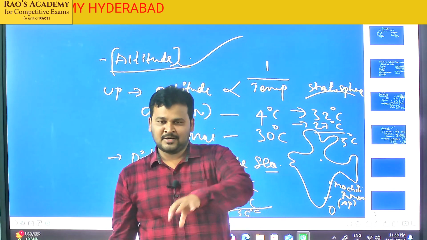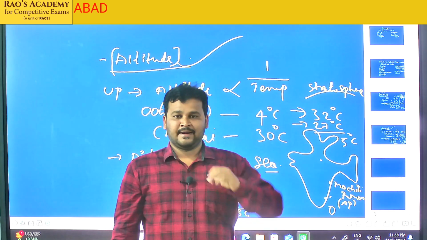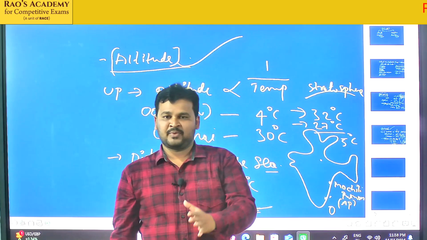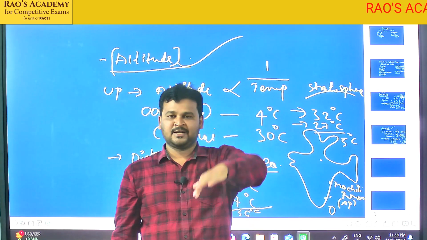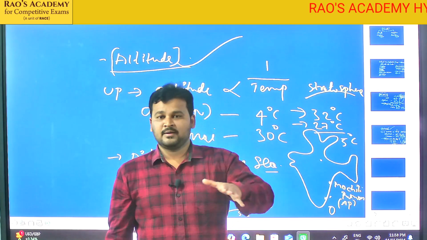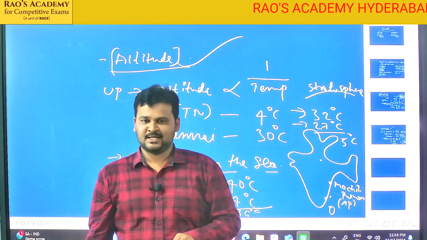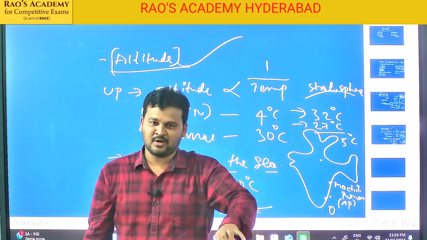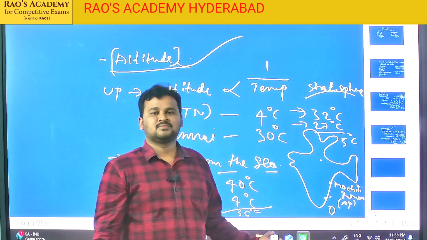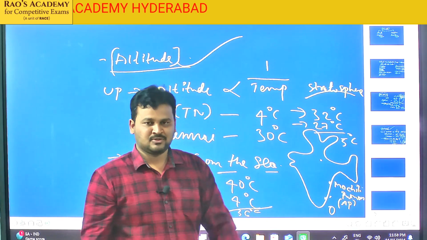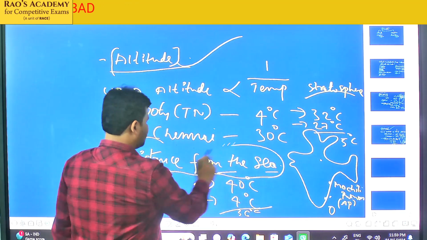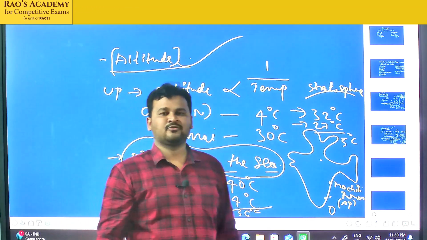In continentality, temperature variations will be high. During the afternoon, temperature will be 50 degrees, and during the night it may reach minus 50 degrees. So India has both continentality as well as marine type of climate phenomena. That's the thing you have to know here. So finally, distance from the sea also influences the climate of India.